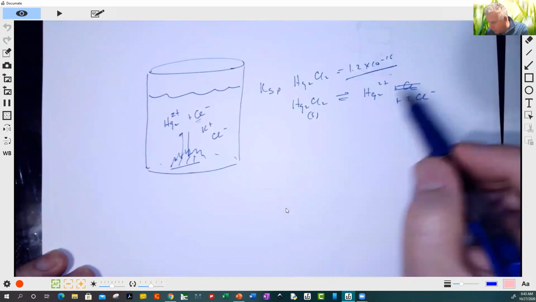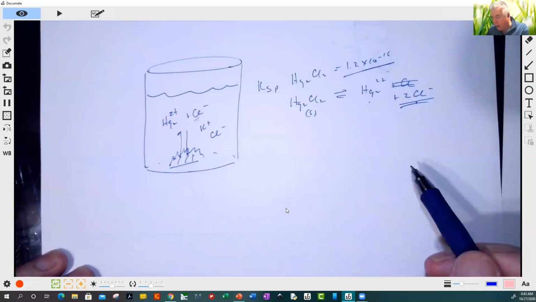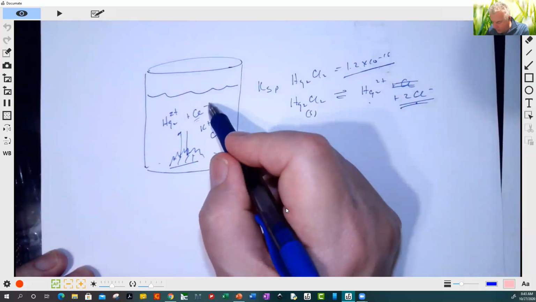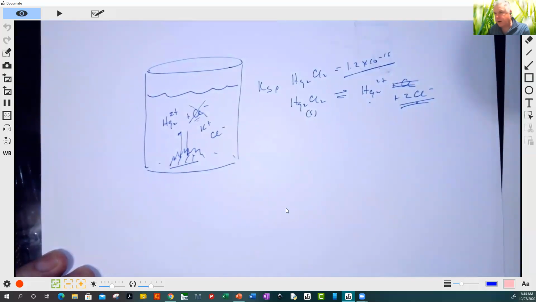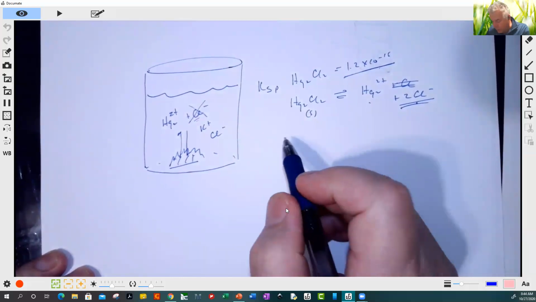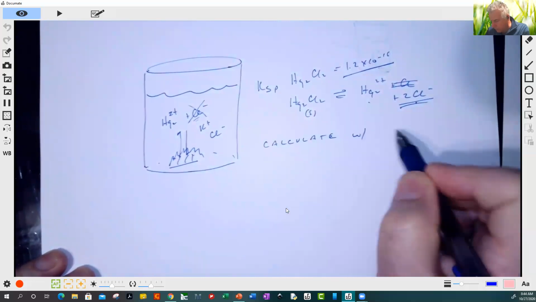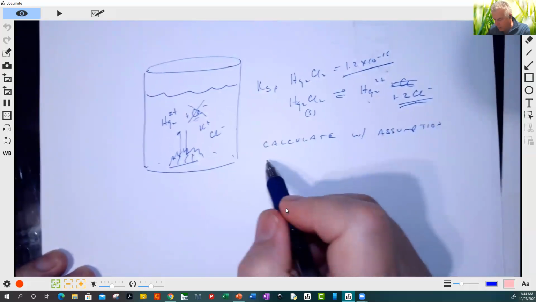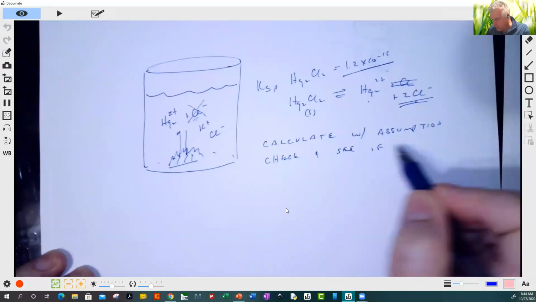And we know that because the product of these is 10 to the minus 16, it's not going to create a lot of Cl minus here, right? So let's first make the assumption that this contribution to the total chloride ion in the solution is negligible, right? And then we can do the calculation with the assumption, and then we'll check it and see if this is justified.